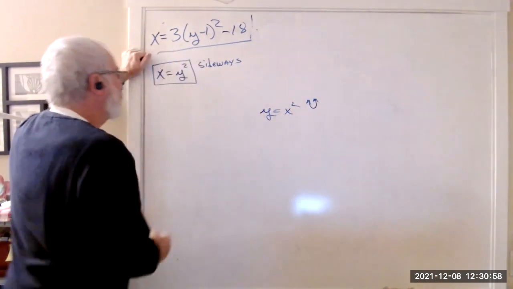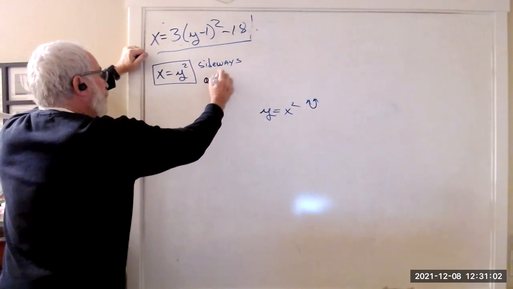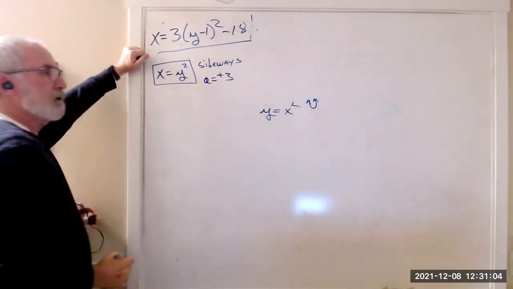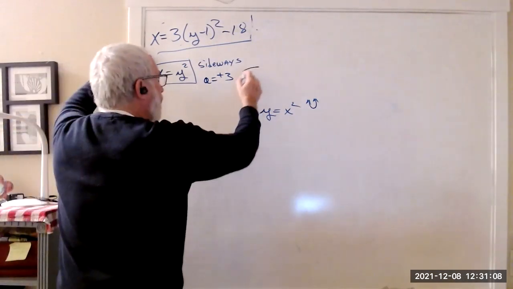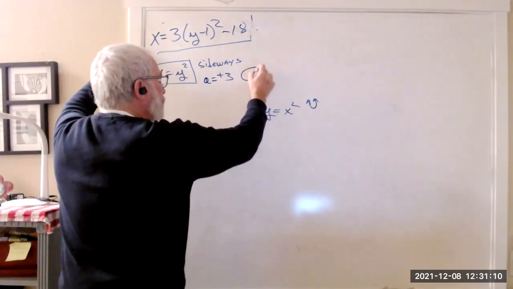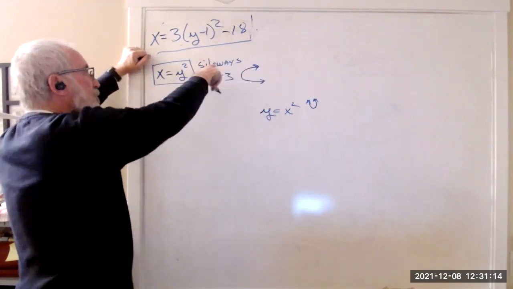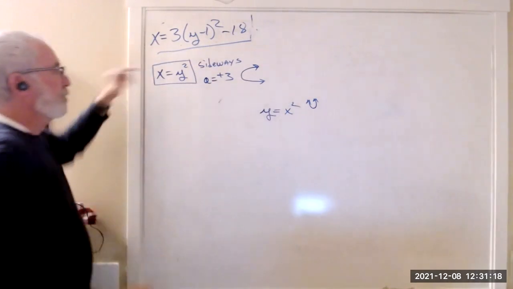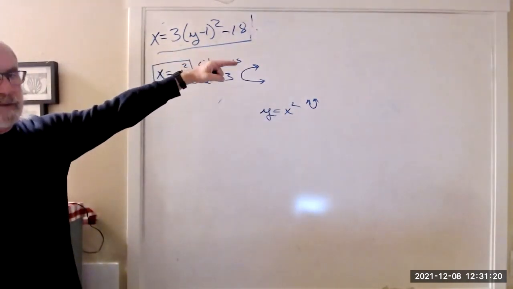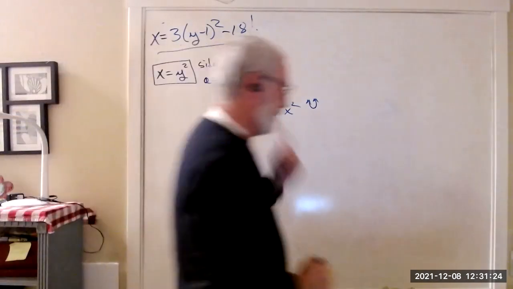This is a sideways. Because A is +3, it's opening in the positive direction. My graph should be going that way when I'm done, if everything is good and I haven't done anything silly.